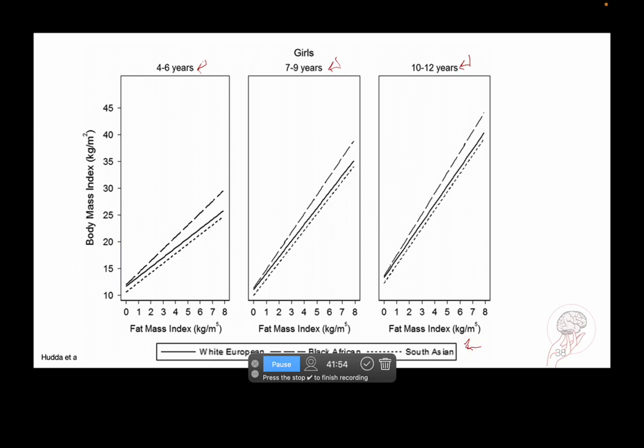If we look at a BMI of 25 across the board, we can see that the African American girls have less body fat compared to Caucasian girls at the same BMI.